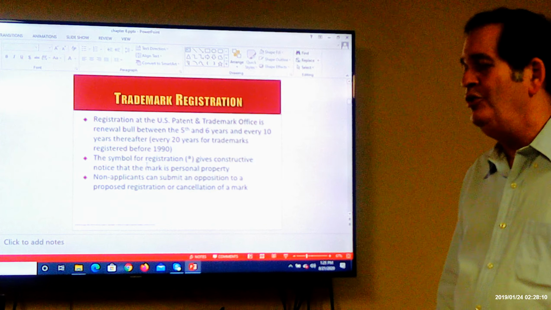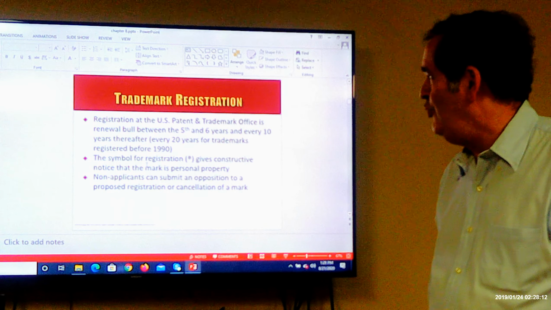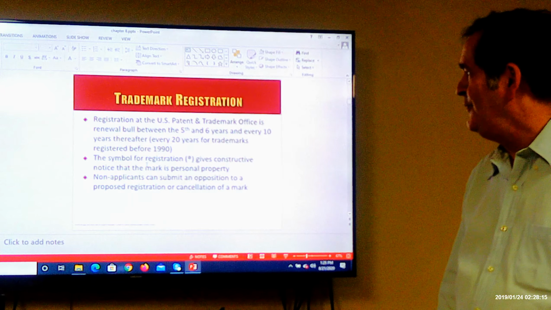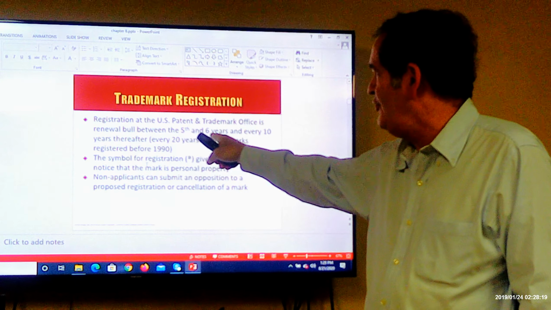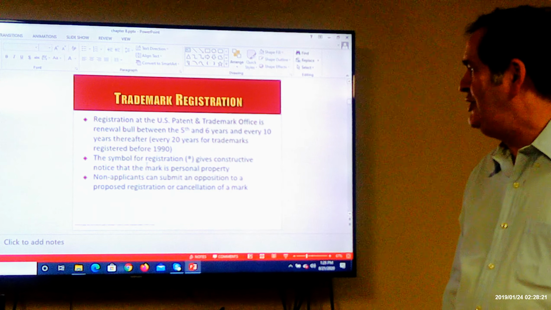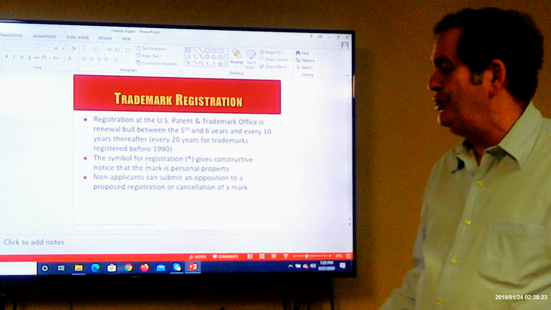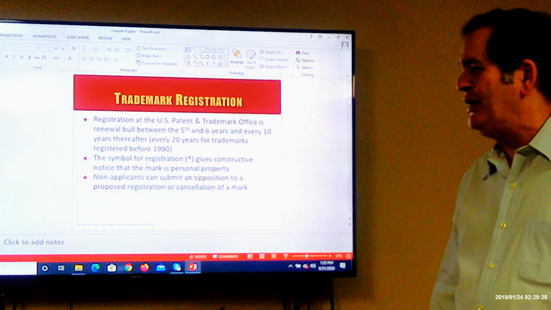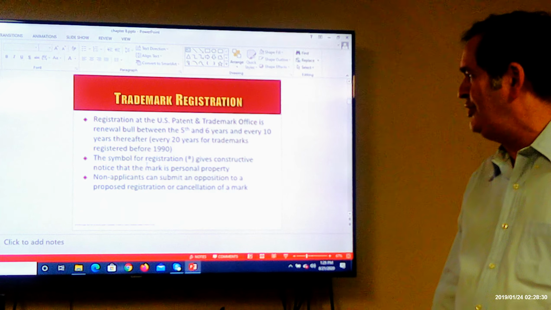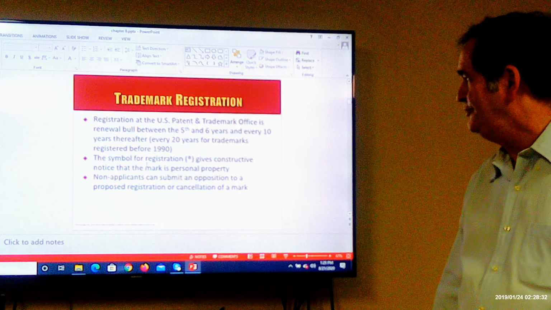You need to register generally with the U.S. Patent and Trade Office, and you can renew it between the 5th and 6th years and every 10 years thereafter. The symbol to protect yourself is the R inside a circle that gives constructive notice to the world that the mark is personal property.